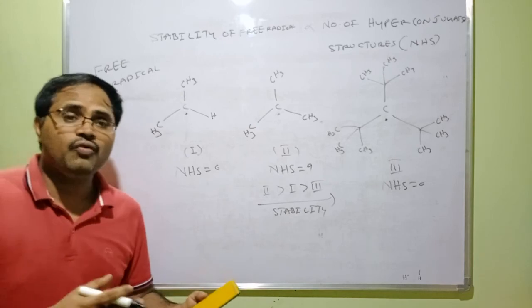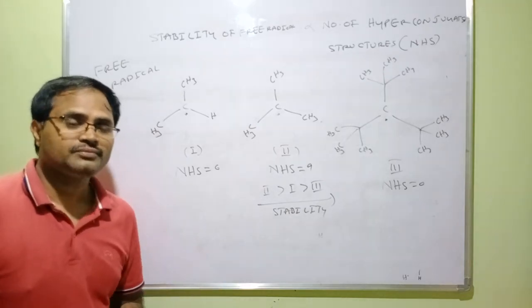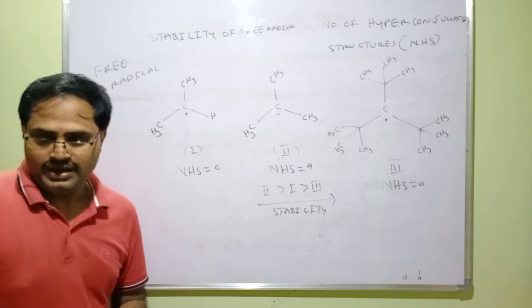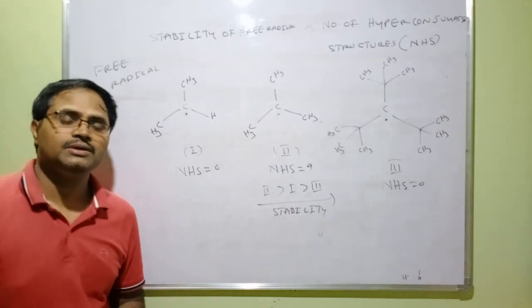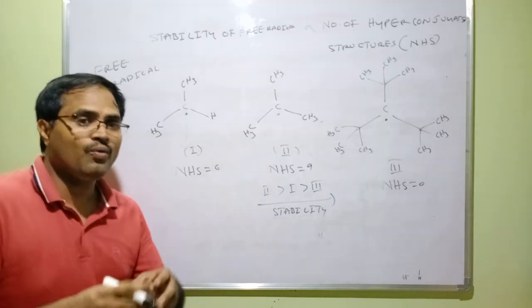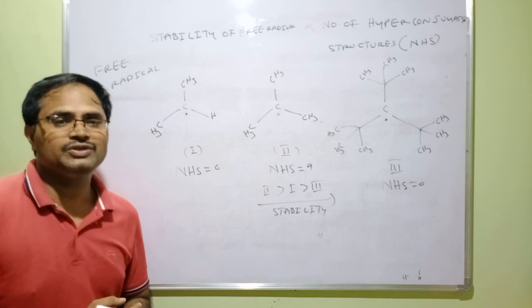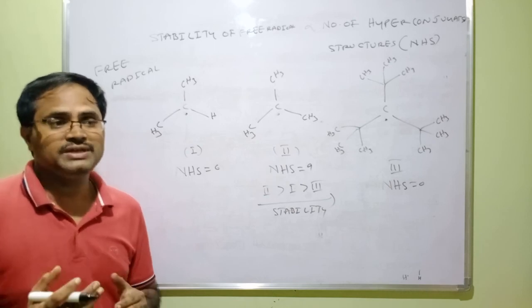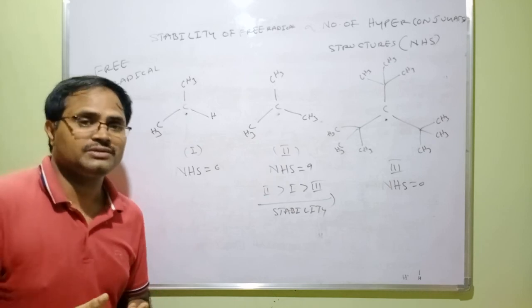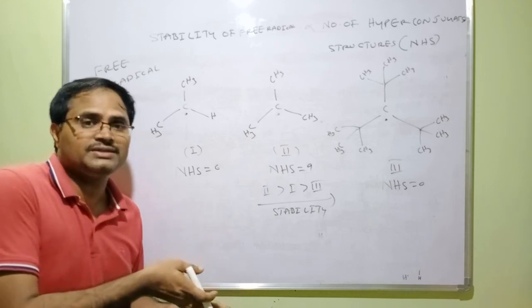So far, we have seen the definition of hyperconjugation. Then we have seen alkene stability, and how we can understand alkene stability by using the number of hyperconjugated structures. We also saw heat of hydrogenation, explained in terms of the stability of alkenes.